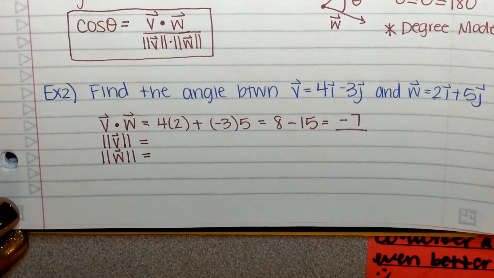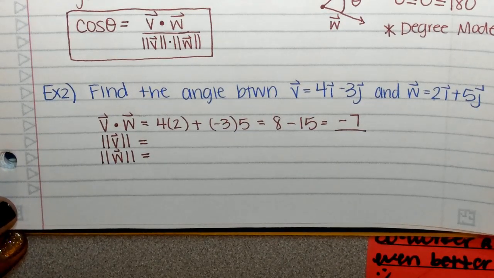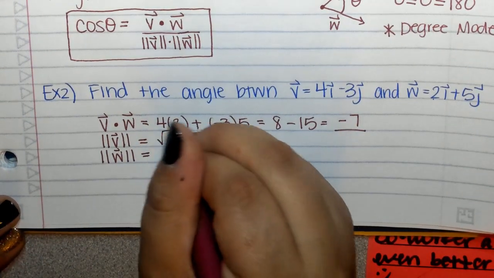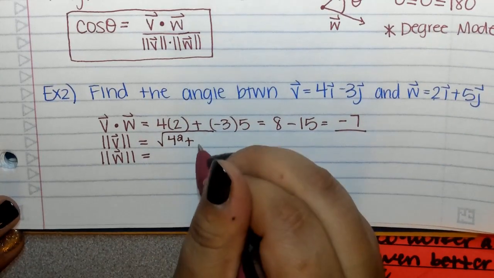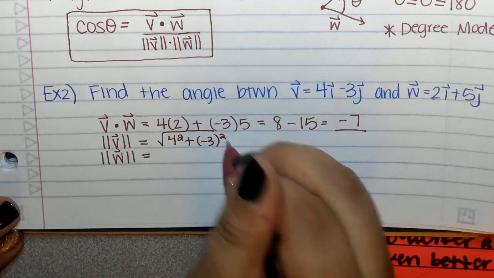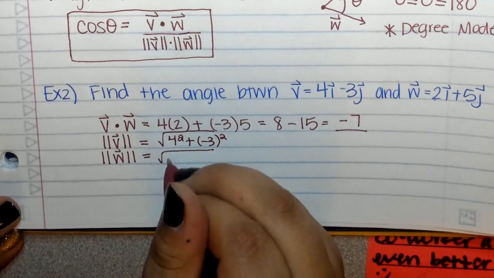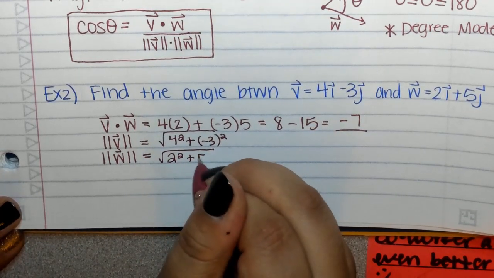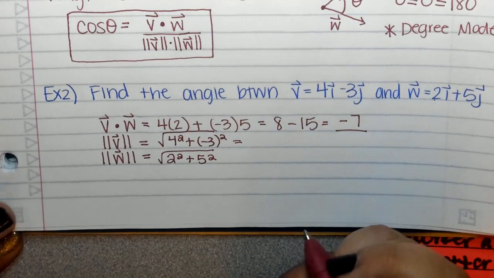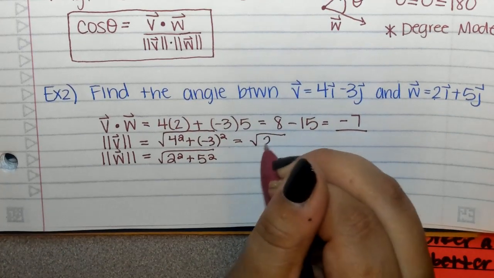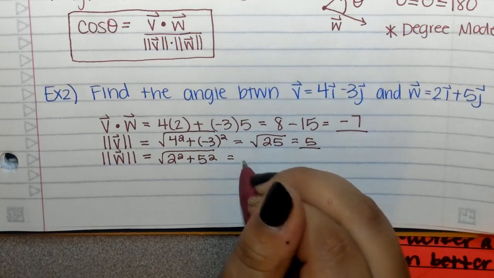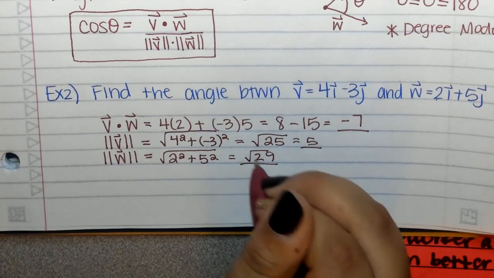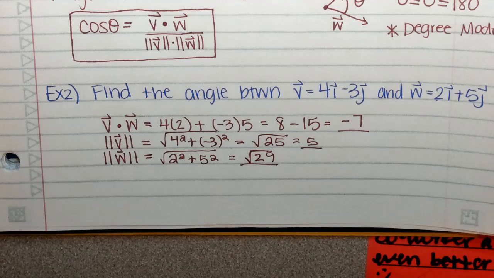How do we find magnitudes? Square root of x squared plus y squared, or x component plus y component. Questions?